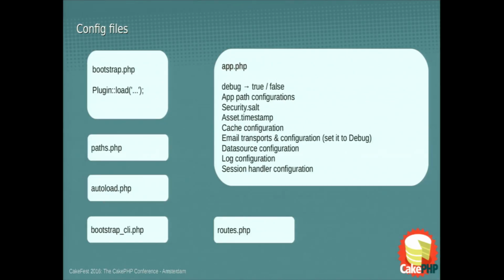The rest of the file paths, autoload, Bootstrap. Bootstrap CLI is going to be used when you use the framework through the console. So you can add there extra configuration, for example, defining your host name. That is something usually necessary because you don't have an environment provided by the web server, so you don't know the server name where you are.